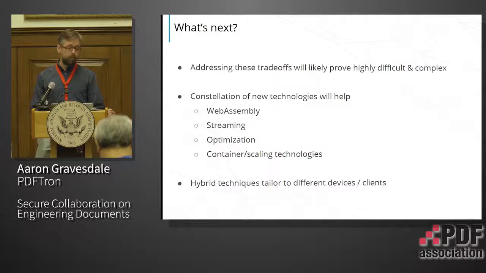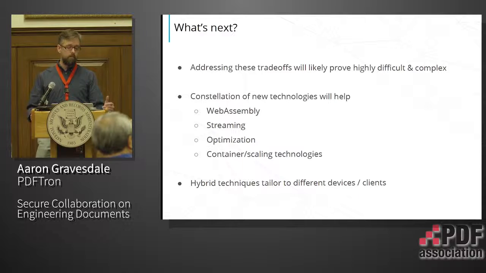Similarly, PDF optimization itself can be a big help by reducing the document size without compromising the content, so taking out redundant information and otherwise optimizing the document, subsetting fonts and so on. And as well, the growth in container and scaling technologies that we see from organizations like Amazon with AWS Lambda, where you can very discreetly allocate server-side resources, and container technologies like Docker, which also are a very lightweight virtualization technology, enable you to apply server resources in a low-cost and judicious way.